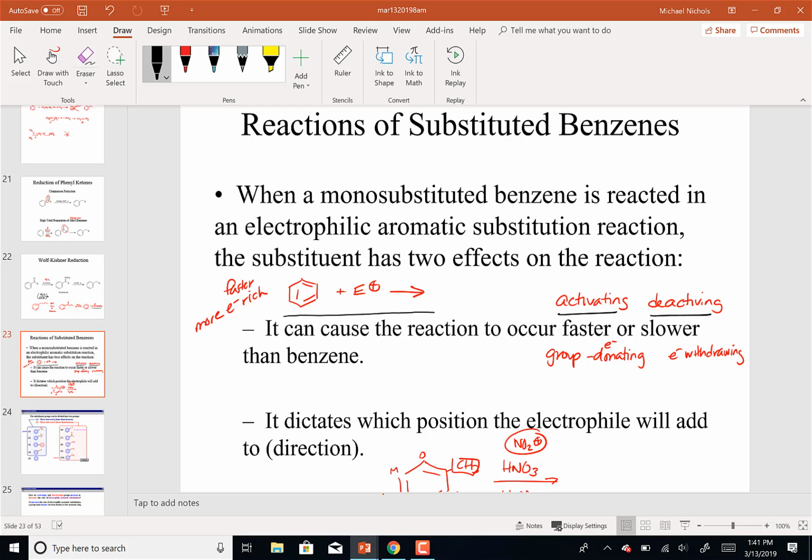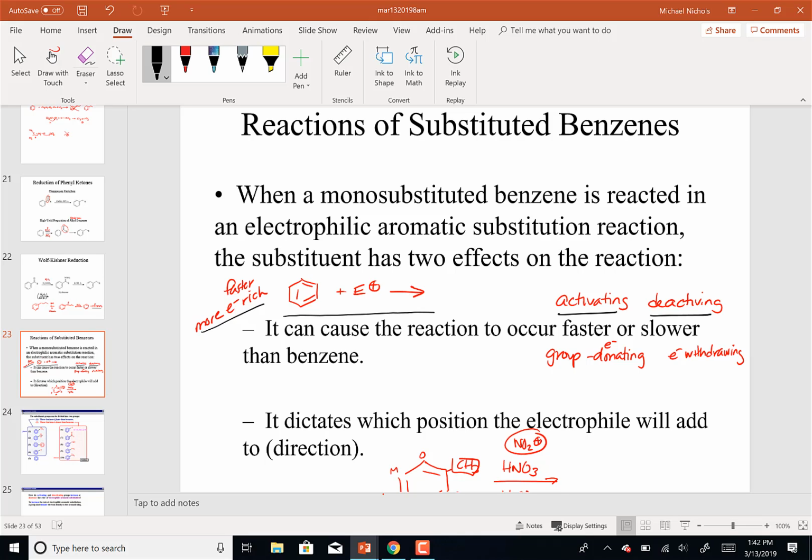What's the benzene ring? It's the nucleophile. The electrophile is electron poor, and the nucleophile is electron rich. So how do I make the benzene ring react faster? Make it more electron rich.